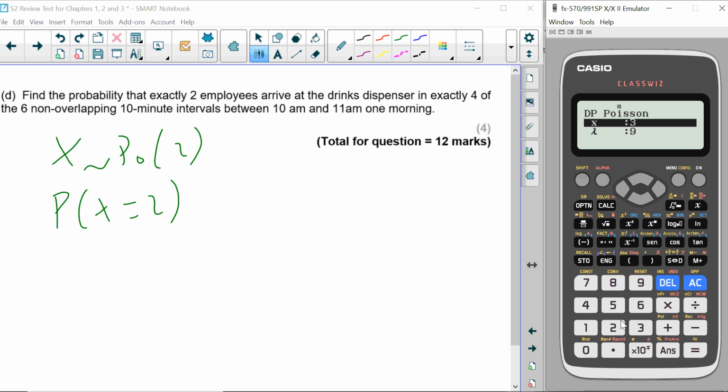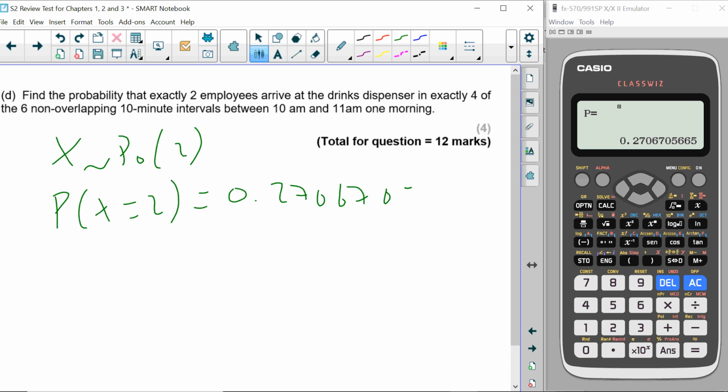X is going to be equal to 2, and the lambda is also 2. That gives me a value of 0.27067056665. That's the value that I am going to use for the whole thing.